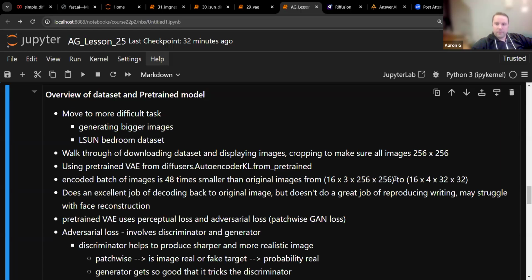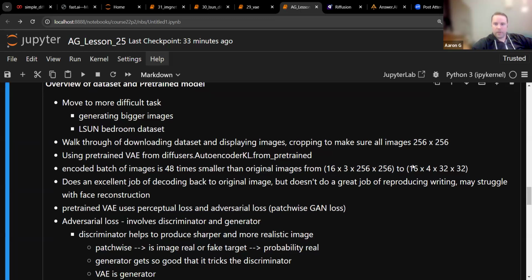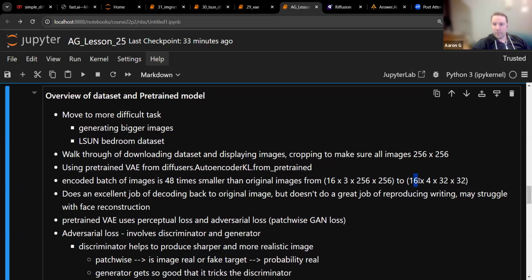So a lot easier to work with in terms of compute time. You're going to be saving a lot when you're working in that smaller dimensional space. We went from 16 images in a batch, with your normal 3 channels for red, green, and blue, 256 by 256, down to still 16 examples, but 4 channels and 32 by 32.